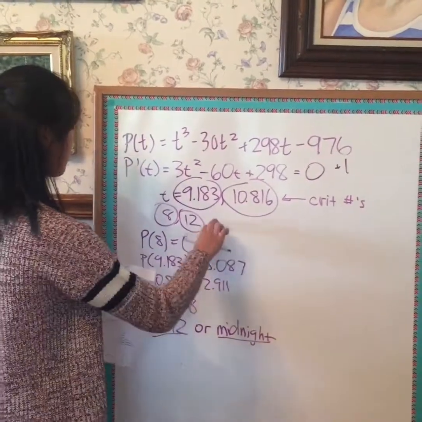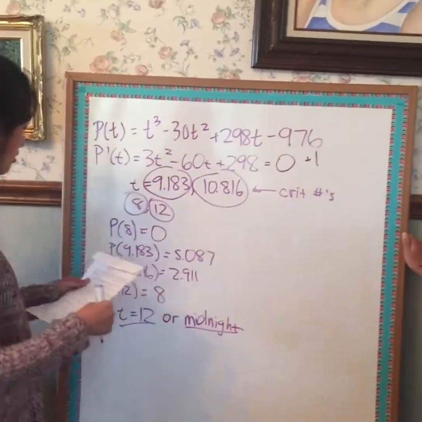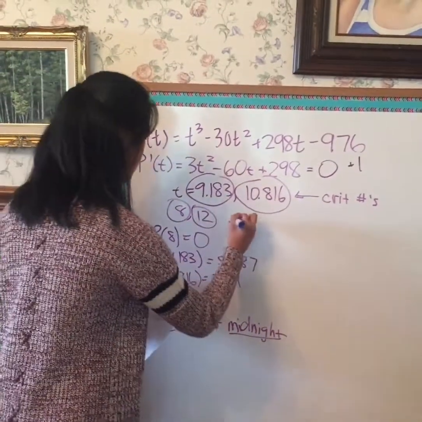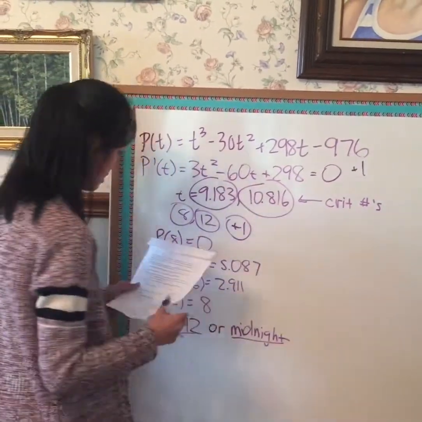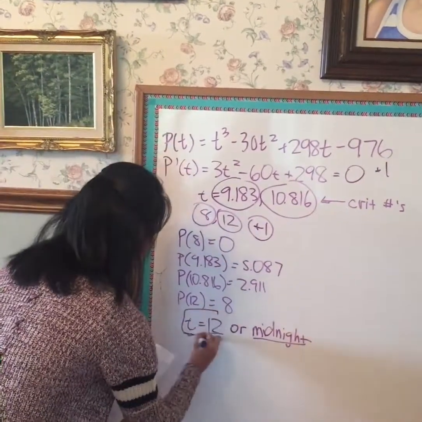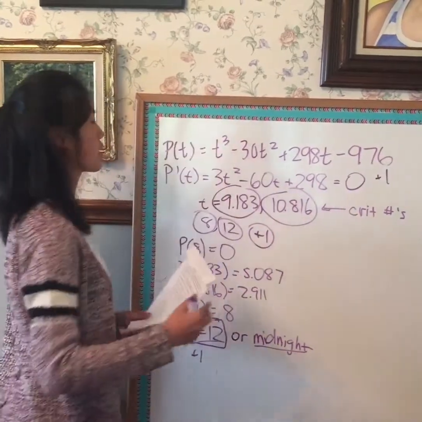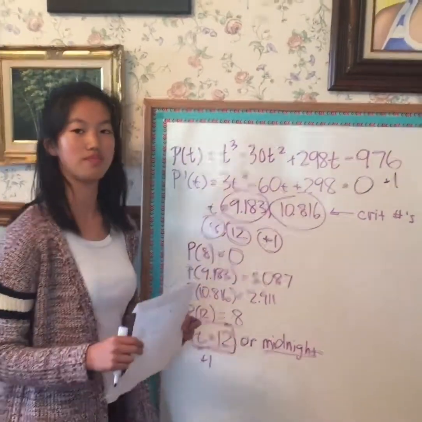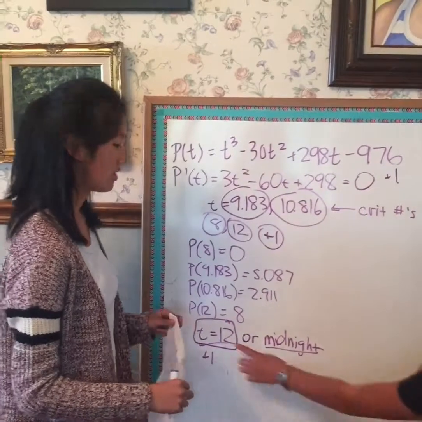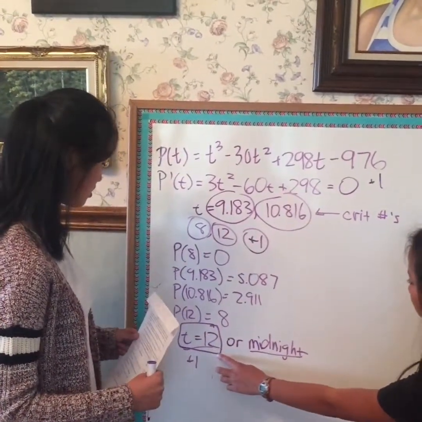So you would have to identify these and plug them into the p function to earn another point. And then you would have to find the answer, t is equal to 12, for another point. So in total, there are 3 points for this question. And then you probably want to have t equals 12 be your answer, just so you're clear on the number.